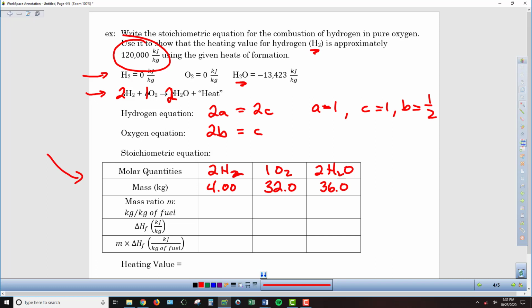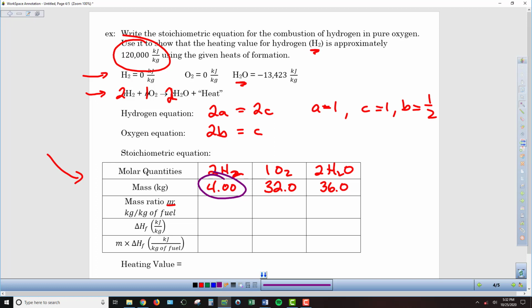And so now what we need to do is we need to find what is the mass ratio. So we're calling that M. And so that is the number of kilograms of each of these quantities per kilogram of fuel. And so I'm going to divide everything by the amount of fuel that I have. So all my masses are always going to be divided by the amount of fuel.